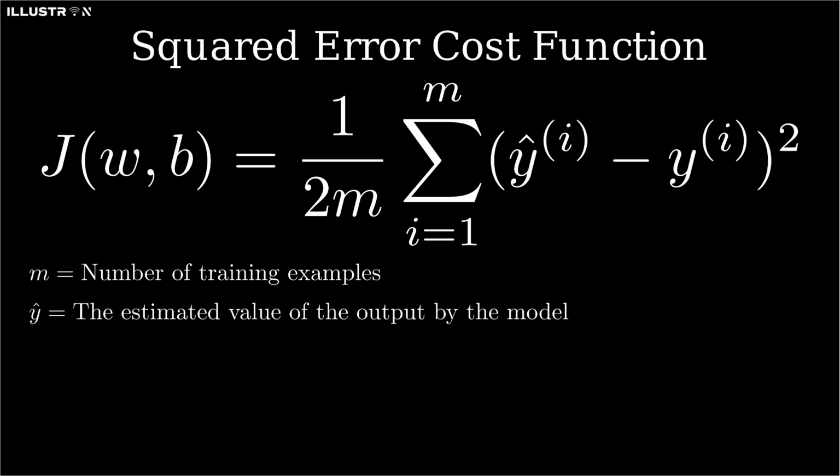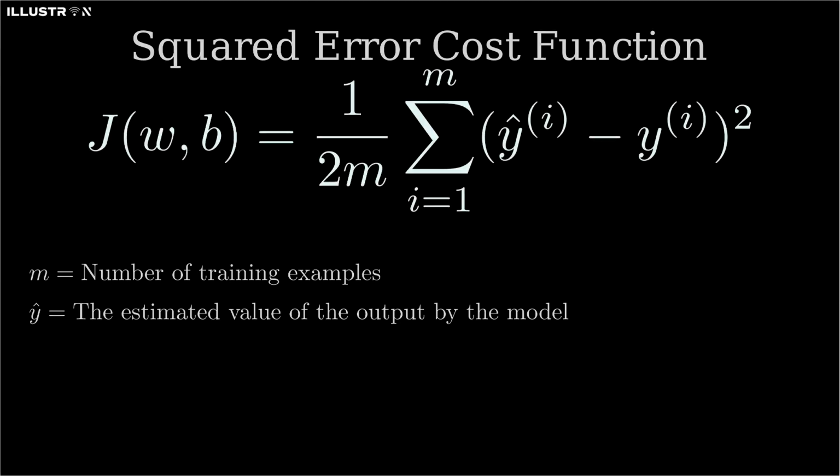For each point, it calculates the squared difference between the model's predicted value, y hat of i, and the actual data value, y of i. Finally, we average this squared difference across all data points using 1/2m. So, a higher cost value indicates a larger overall deviation between the model's predictions and the actual data.